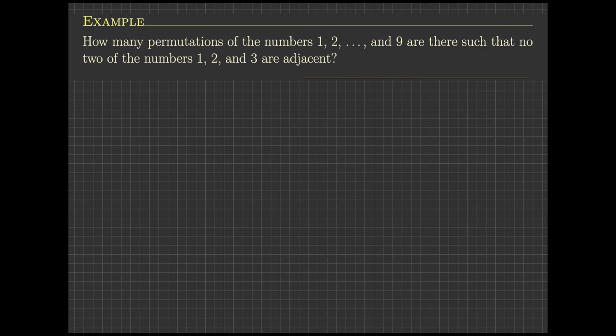So first of all, tell me why the complement method is not working as simply as before. So let me ask you this question. In how many ways can I arrange 1, 2, 3, 4, 5, 6, 7, 8, and 9? Okay, so let me consider the total number of arrangements, which is again 9 factorial.